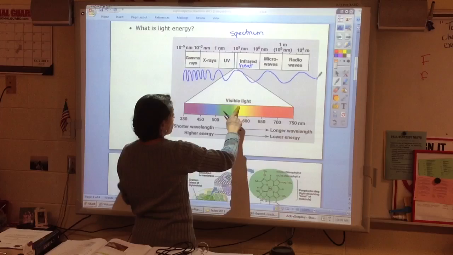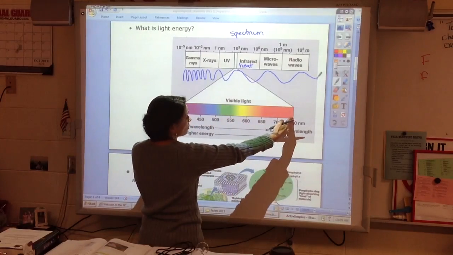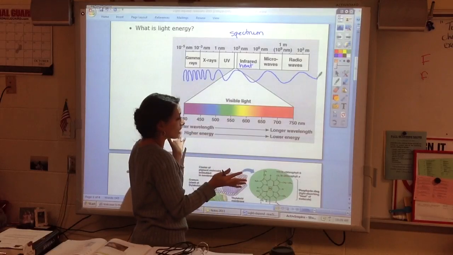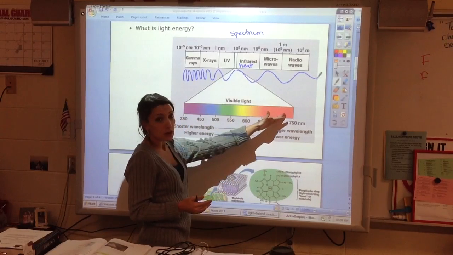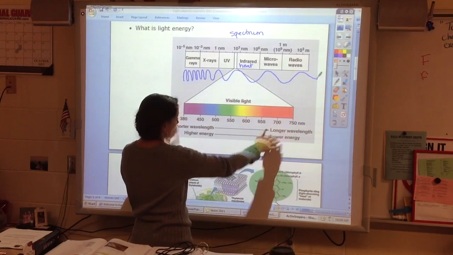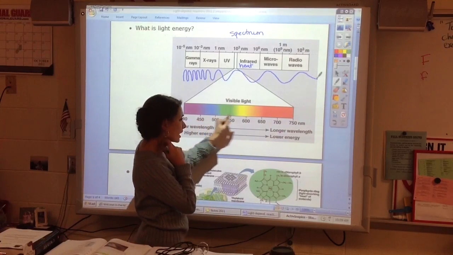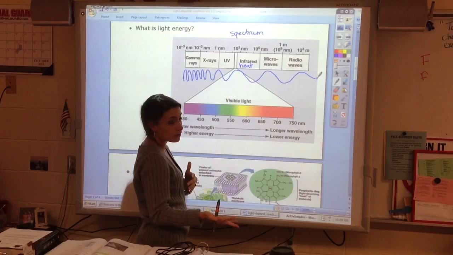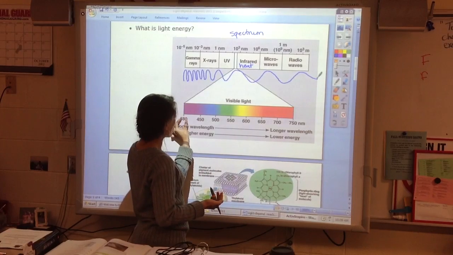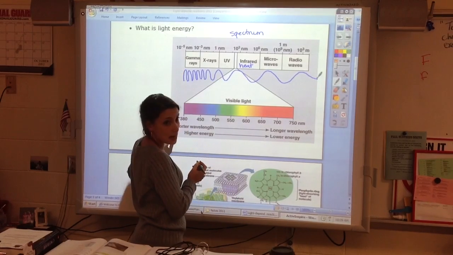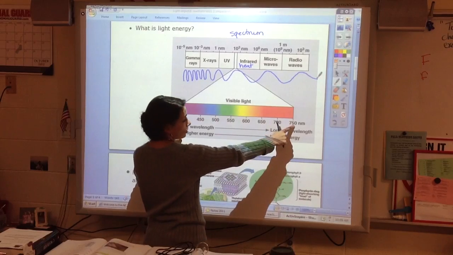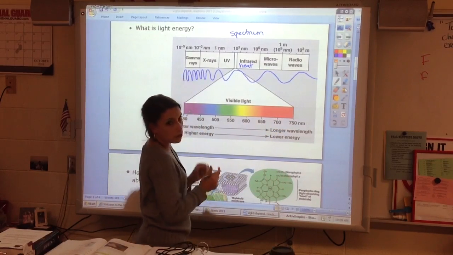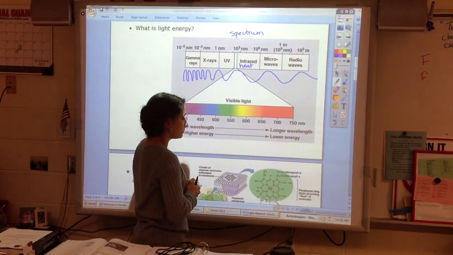When we look at visible light, the white light, it can actually be separated, and you can do this with a prism, into distinct units or a smaller spectrum. And again, what we have to pay attention to here is the wavelength and therefore the amount of energy. So the shorter the wavelength, like 380 nanometers, is smaller than 750. But the shorter the wavelength, the more energy there actually is in each unit.